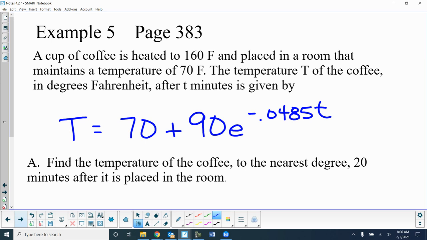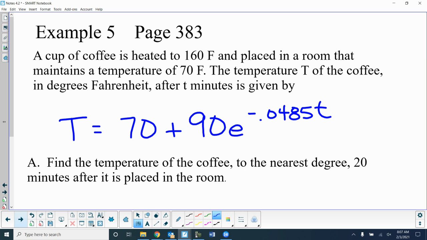Okay, so this is the word problem, this is the type you'll have. It says a cup of coffee is heated to 106 degrees Fahrenheit and placed in a room that maintains a temperature of 70 degrees Fahrenheit. The temperature, capital T, of the coffee in degrees Fahrenheit after little t minutes is given by this formula. I don't know how they got that formula, but somebody figured it out.